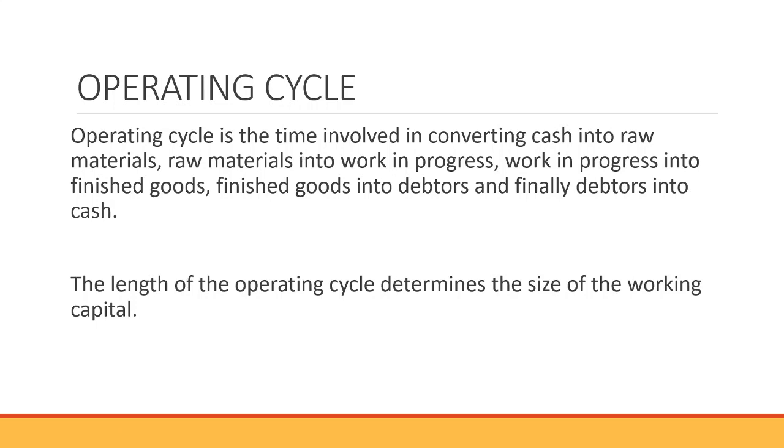So, operating cycle is nothing but the time duration required to convert cash into raw materials into work in progress into finished goods into debtors, and finally debtors into cash. The operating cycle is used in order to determine the size of the working capital.